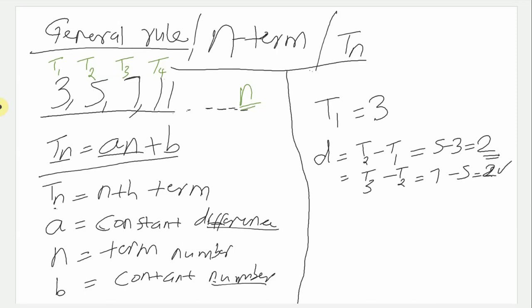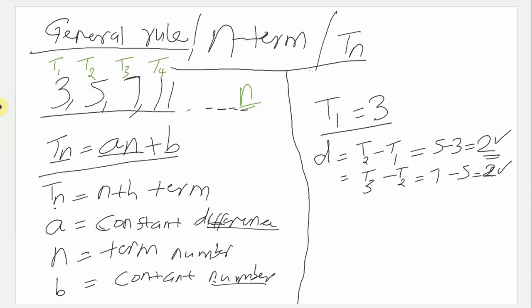So now I am sure that the difference is the same, it's constant, and the value of that is 2. Okay, so I said that my first term is 3.